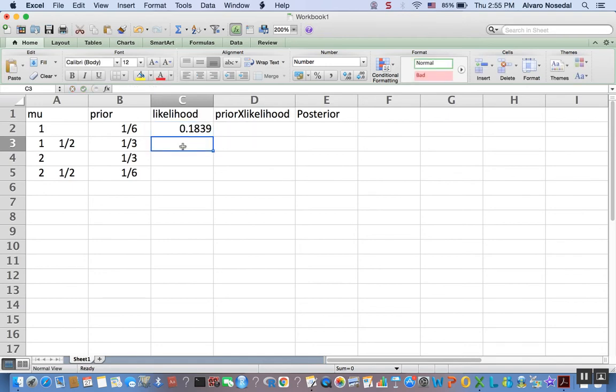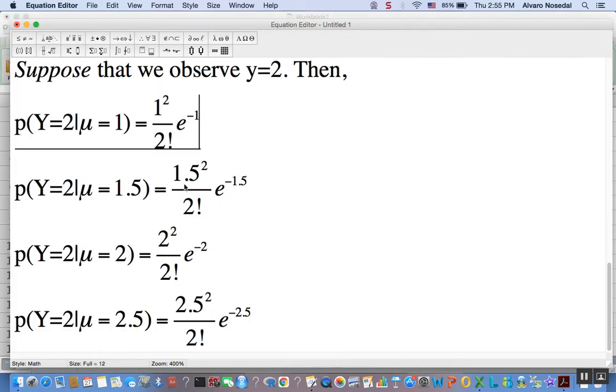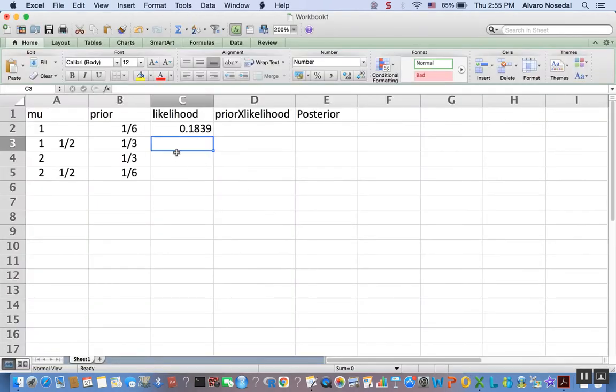Now the next one is going to be 1.5 squared divided by 2 factorial, which is just 2, times e to the negative 1.5. So here we go. It's going to be 1.5 squared divided by 2 times e to the negative 1.5. Agreed?